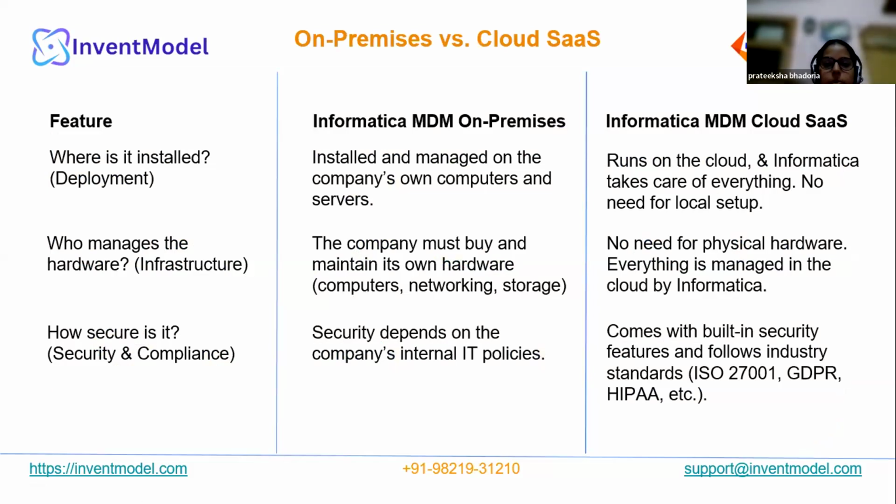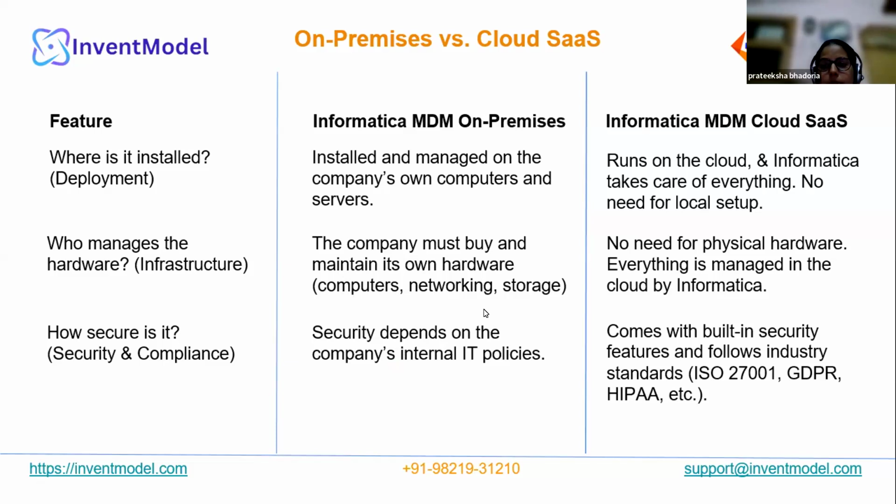Here we have some differences between the on-premises and the cloud SaaS MDM. As we can see on the screen, the first feature is where it is installed, the deployment. MDM on premises, like we have already seen before, is installed and managed on the company's own computers, by the developers or whoever on the team is using it, within the organization.